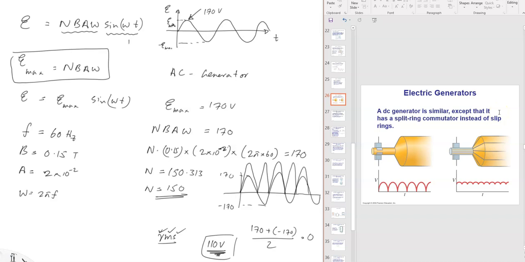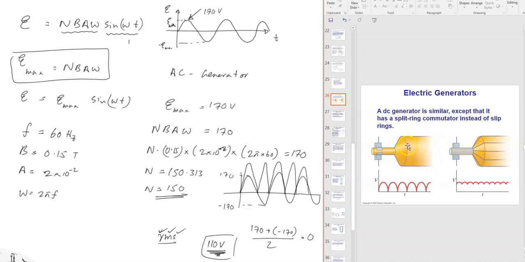A DC generator, on the other hand, it's similar, except that it has split rings instead of slip rings. So there's a slight change in the word, but that makes a big difference. A split ring, the first diagram. So this arrangement makes sure that current doesn't flow in back and forth manner.